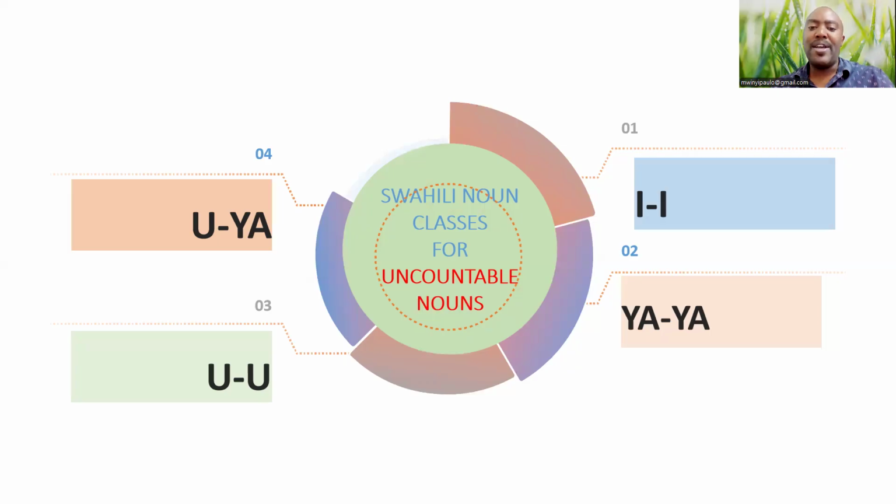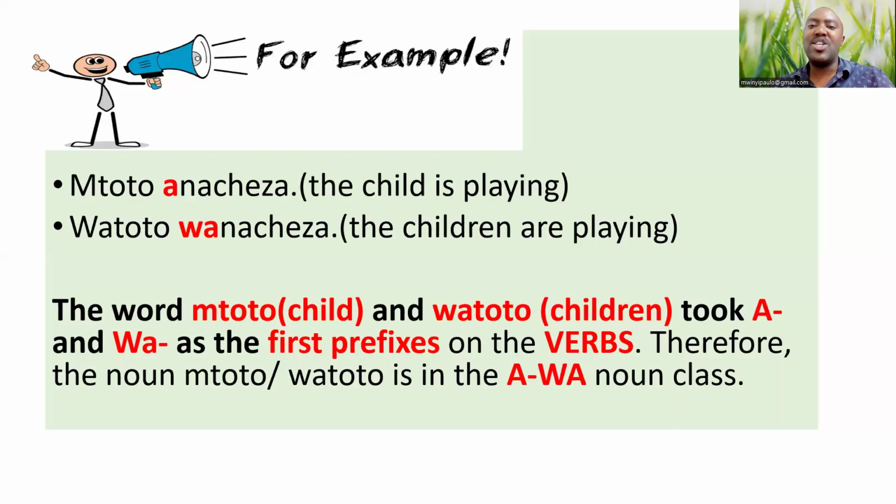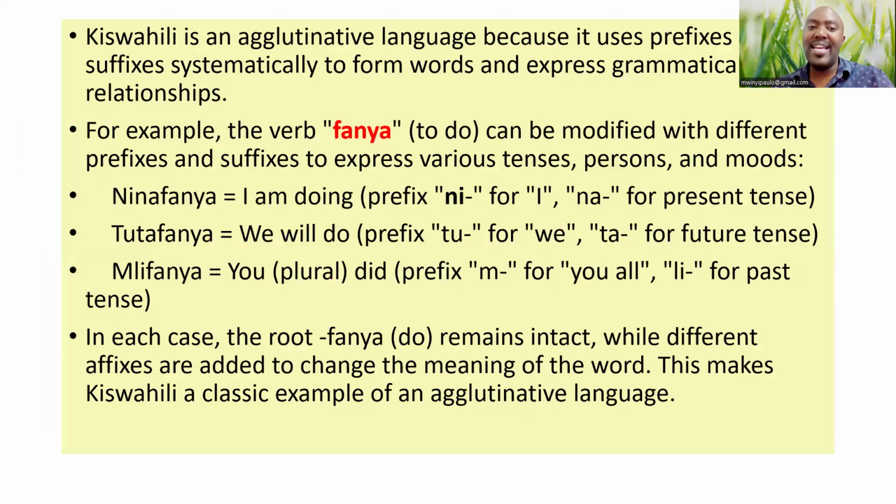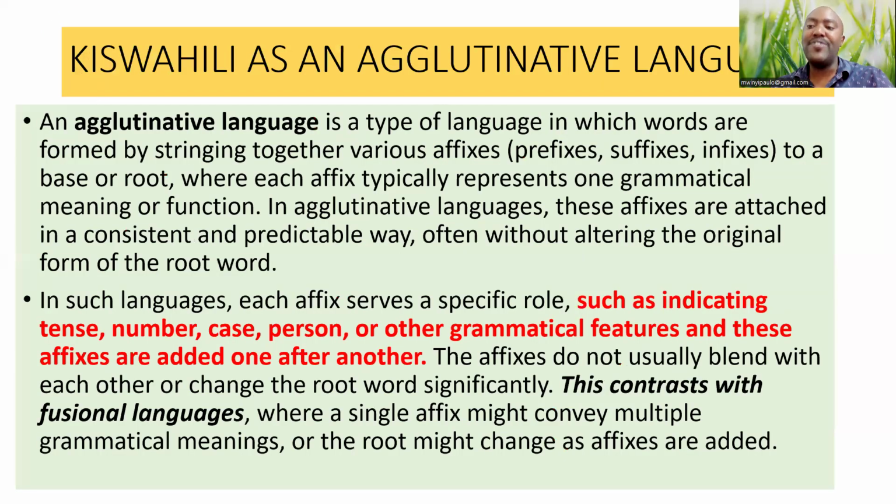My dear learner, I've come to the end of this presentation, where we've looked at the uniqueness of the Swahili language, and seen that Swahili is an agglutinative language, whereby we use various affixes, that's prefixes, suffixes, and infixes, attached to the root of the word to form new words.